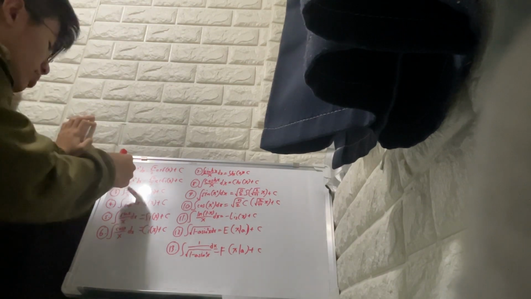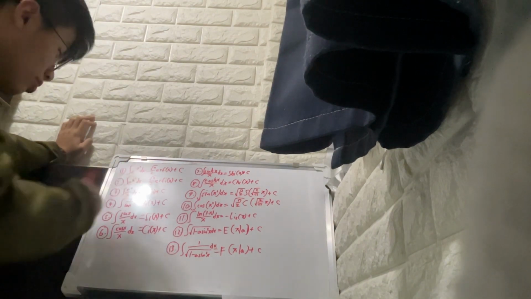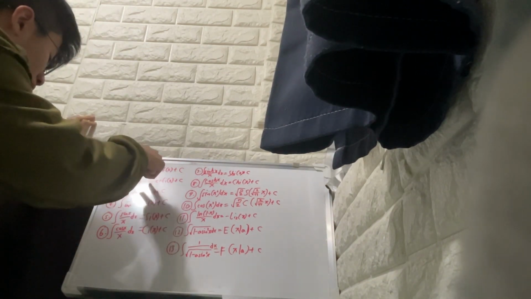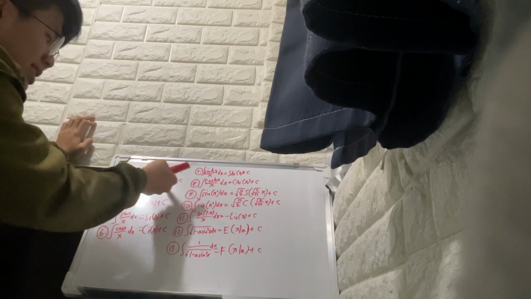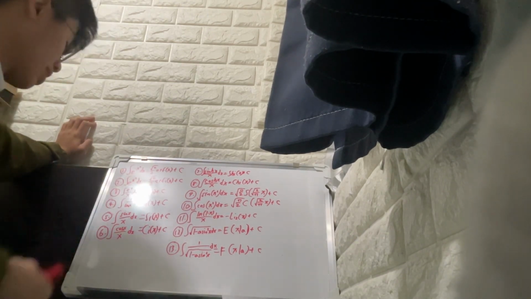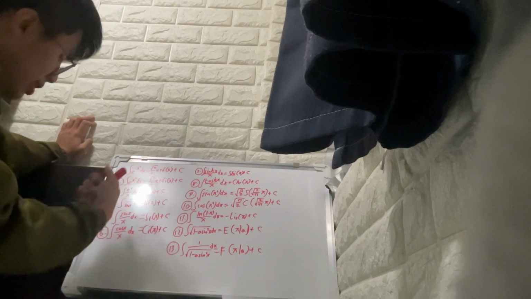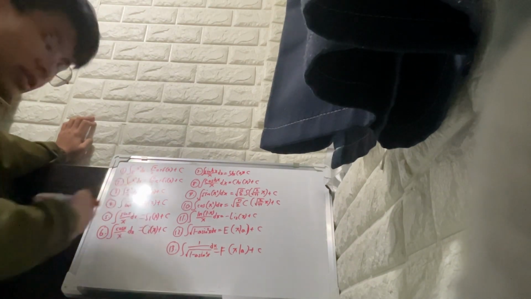And number 2, the integral of e to the power of x squared. We don't have a negative here, so be careful. It's equal to square root of pi over 2, which stays the same, but here it is erfi of x, and it's called the imaginary error function, plus c. Number 3, the integral of e to the power of x over x.